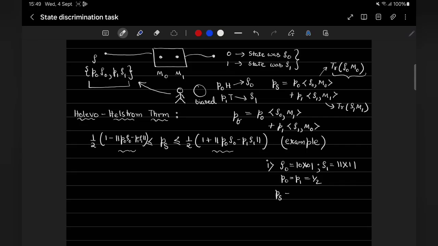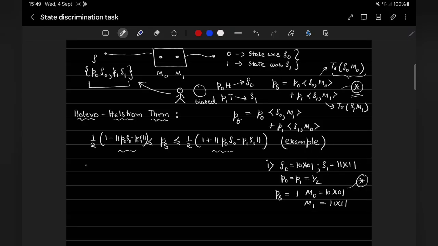So P success can be equal to 1 with the projectors M0 equal to |0><0| and M1 equal to |1><1|. You can check that if I put this particular thing in this equation, then I have half times rho 0 with M0, the overlap is 1, and here also the overlap is 1, so P success is equal to 1.